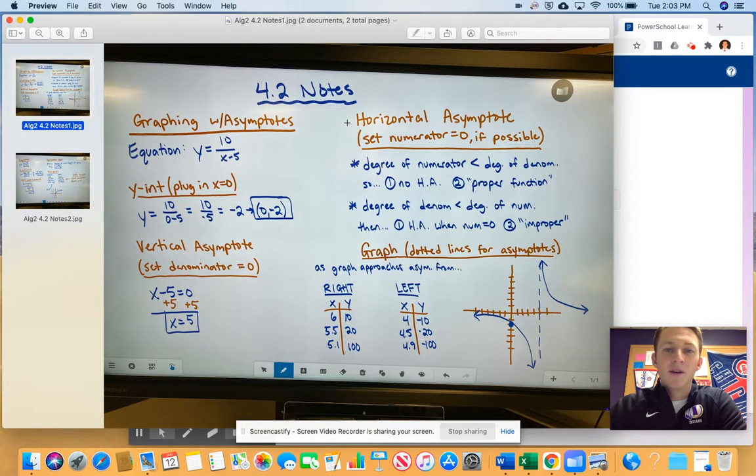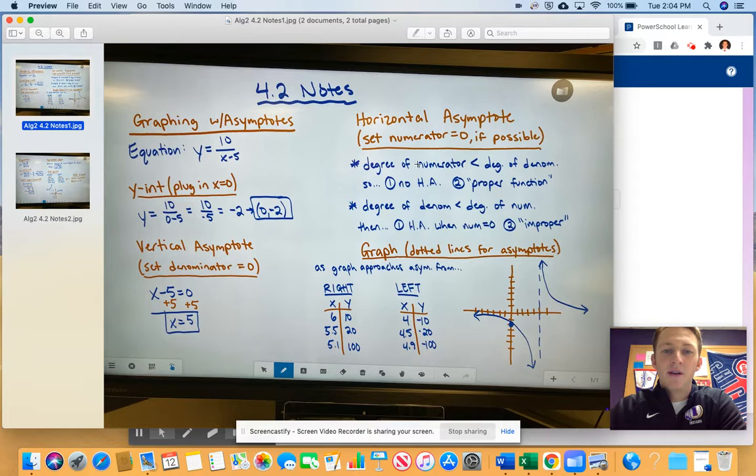Next, we are going to find the horizontal asymptote. So set the numerator to 0 if possible, but obviously there's no variable up here to plug into. So the numerator is stuck at 10. A couple of tricks of the trade here.